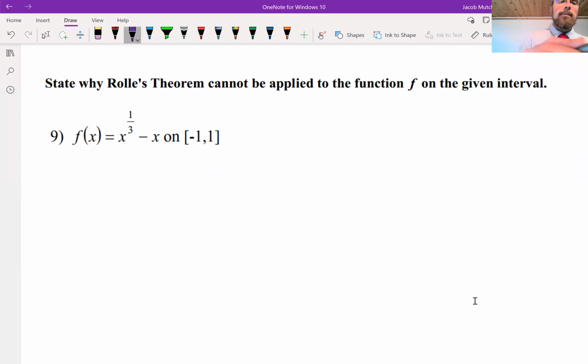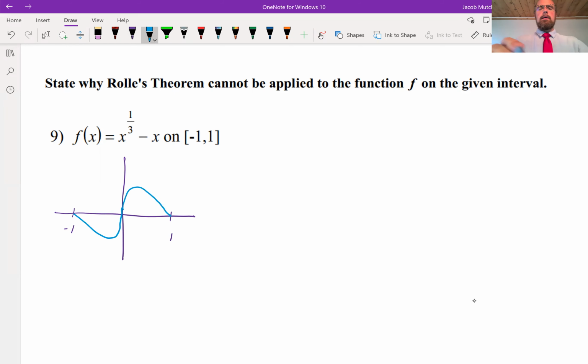So we can make a quick sketch. -1, 1, and here's our function again. It decreases, goes steeply through, and then decreases. So again, let's write in words why this does not allow Rolle's theorem to be applied.